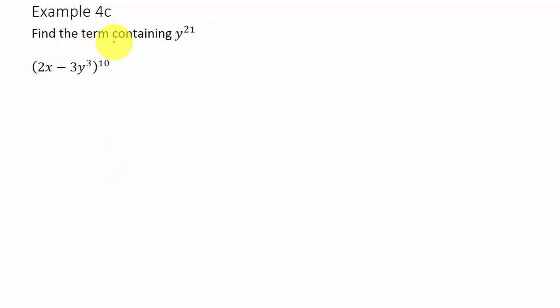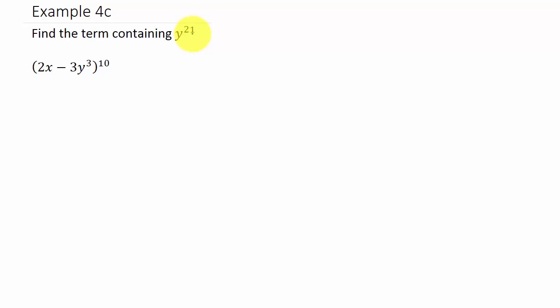So here I want to find the term containing y to the 21st. So if I expanded this out, if I used the binomial theorem and wrote out all the terms, like you multiplied it out, well, I want to find the term that contains y to the 21st.